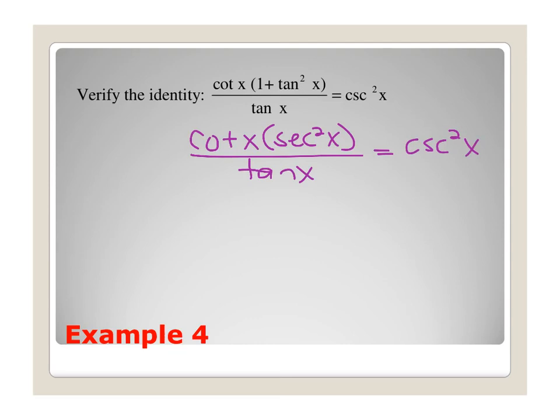Okay, now what? You can bring, okay, so all of you are right. You can split it so that it's cotangent over tangent, or you can bring it to the top. Either way, if I bring tangent to the top, it becomes cotangent, so I end up with cotangent squared x times secant squared x.